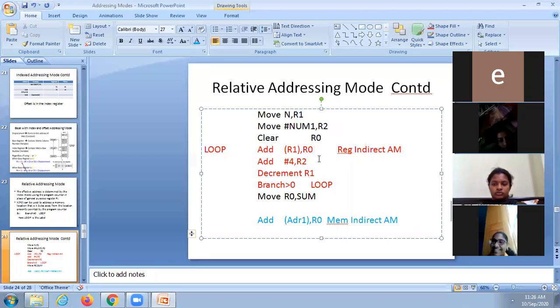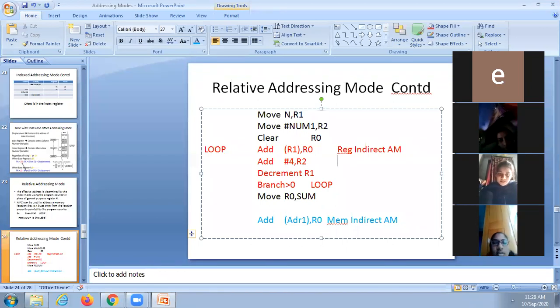Then what about this? Add 4, R2. Register address, immediate. What about this? This is auto decrement. This I will explain now. This one is branch, relative addressing mode. This is relative.